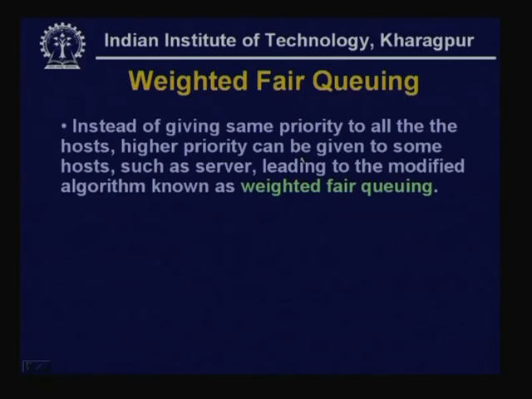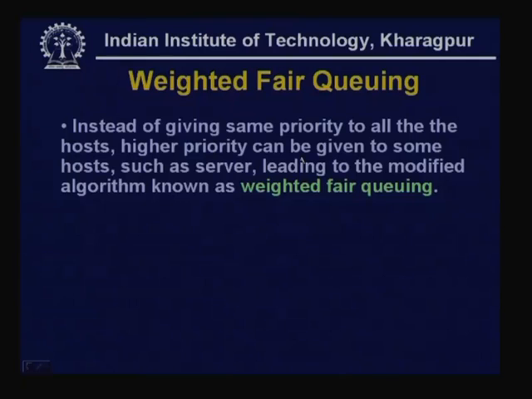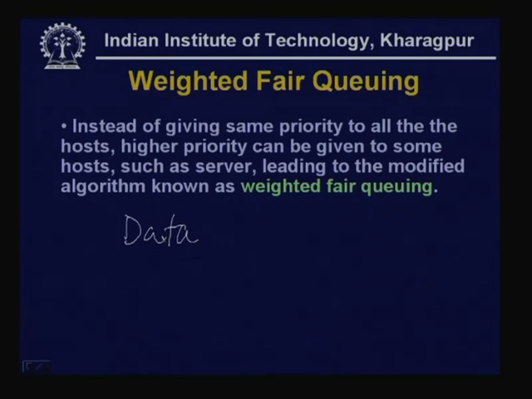Another possibility is that it can be based on the application. For example, for some applications it may be necessary to discard a recent packet. For example, if it is sending data, in case of data, it is necessary to discard a recent packet rather than an old packet.